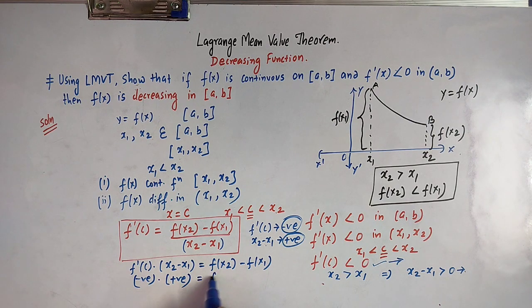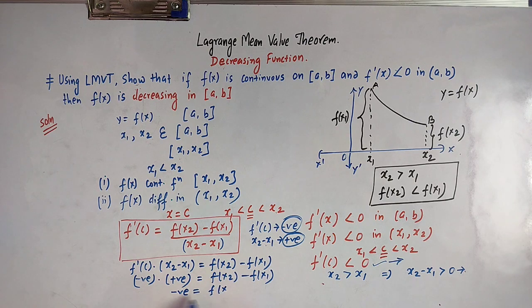So this is equal to f of x2 minus f of x1, right? So here we are interested in the sign of f prime of c and x2 minus x1. So here we have the negative sign and here we have the positive sign. So negative times positive is negative, right?